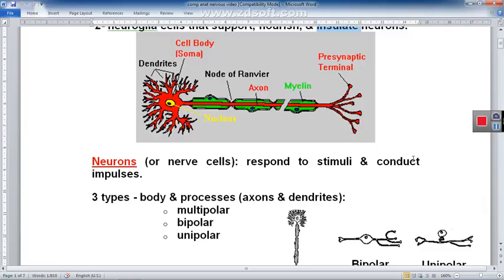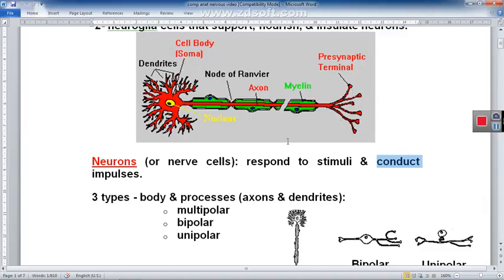The neurons, which are the nerve cells, have mainly two functions. Neurons either conduct nerve impulses, or electrical impulses, as we said, from the dendrites to the body and from the body to the axon and then from the axon to the termination of the axon.